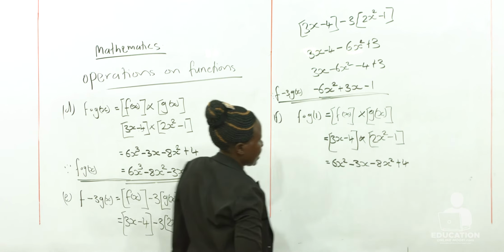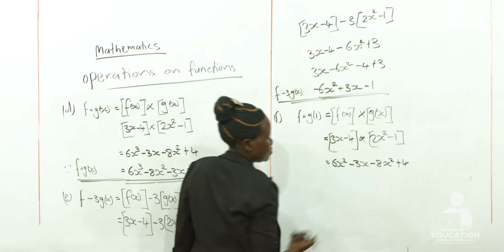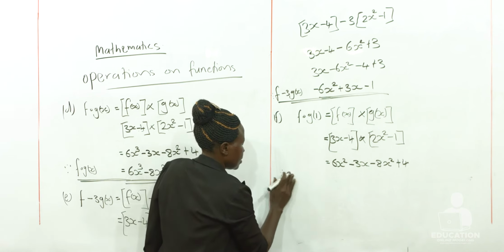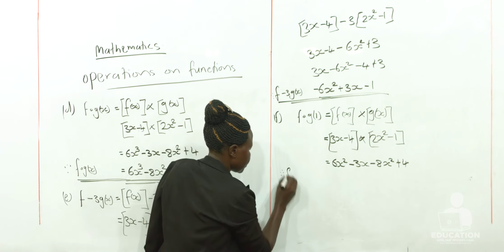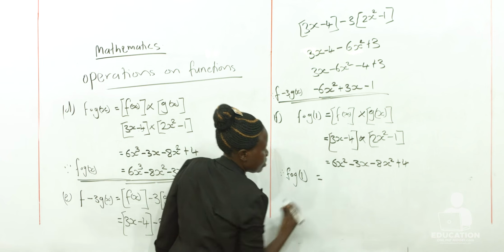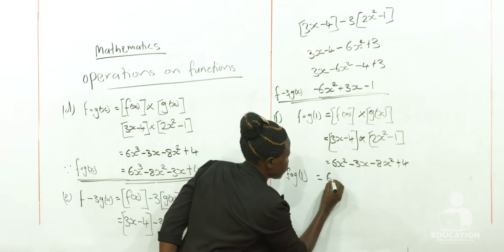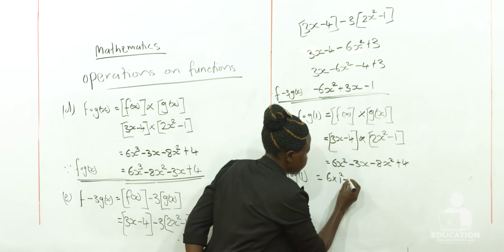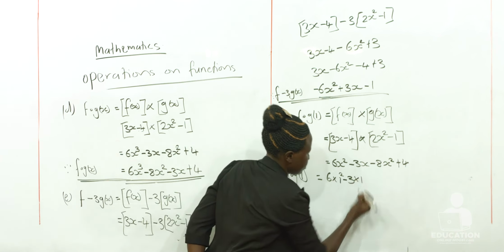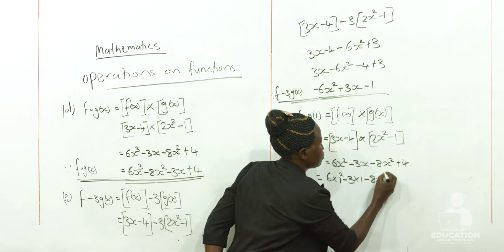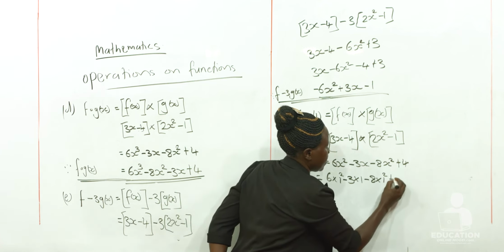So learners, at this level is where you can do what? You substitute. You come down and say, if x is 1, what will happen to this function? So you will get 6 times 1 square, and then minus 3 times 1, and then minus 8 times 1 square, and then plus 4.